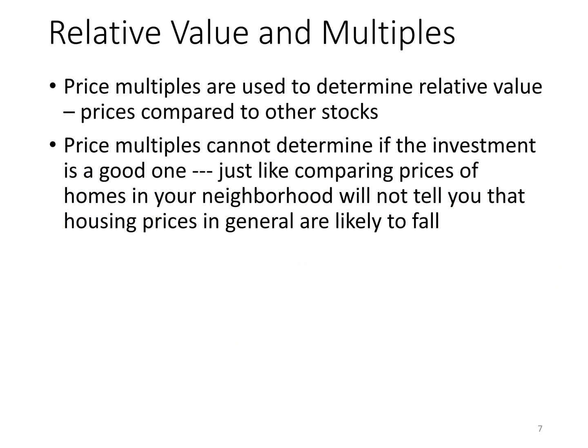So last thing I want to talk about under this topic of relative value and price multiples. Price multiples are used to determine relative value. That's why sometimes this is called relative value analysis. It's only comparing the price of a stock to other stocks. What price multiples like the PE ratio do not tell you is whether or not the entire industry group is overvalued.